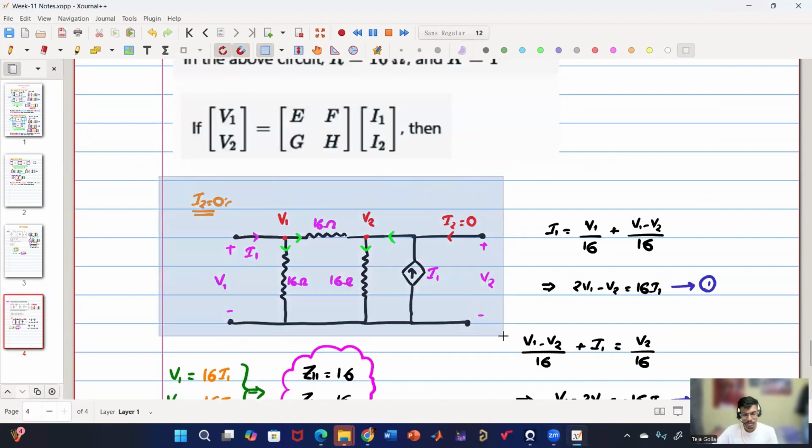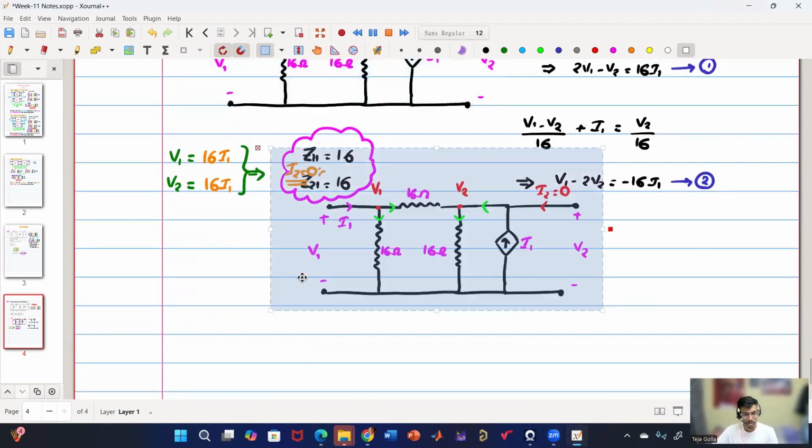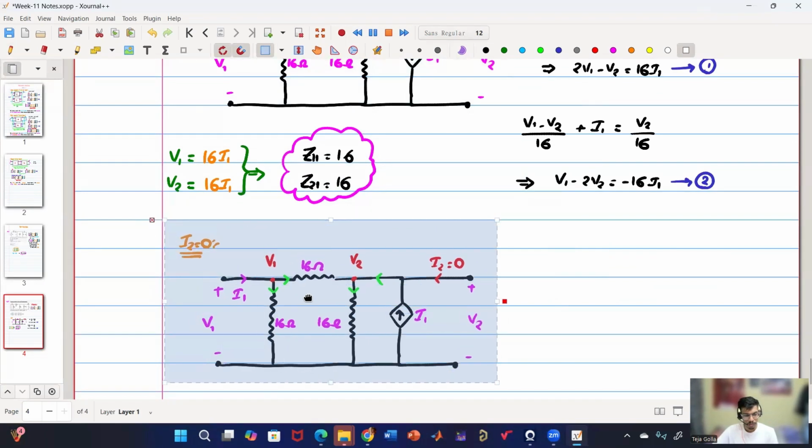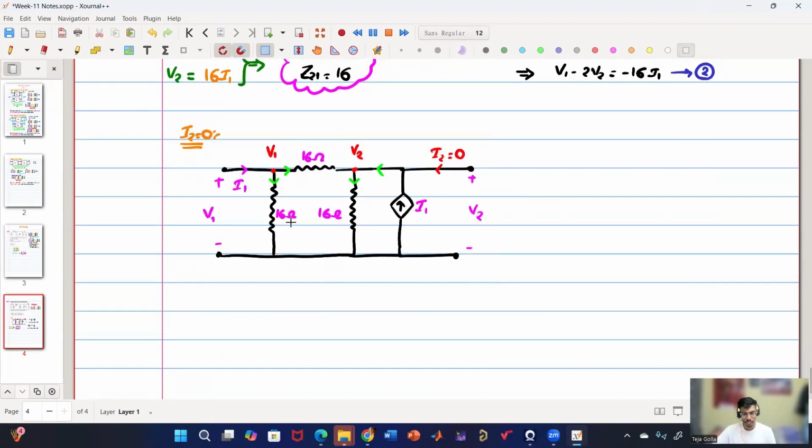Let me copy this. So now we are solving for I1 equals 0. So now this becomes my I2, and this becomes my I1 equals 0.